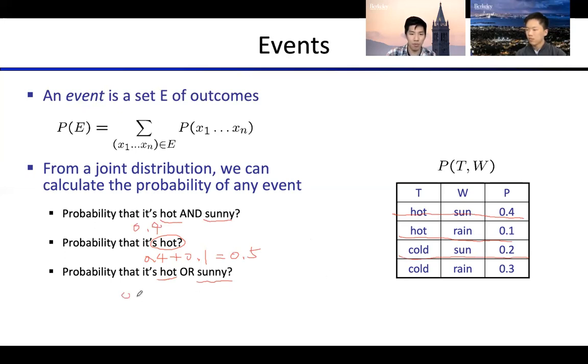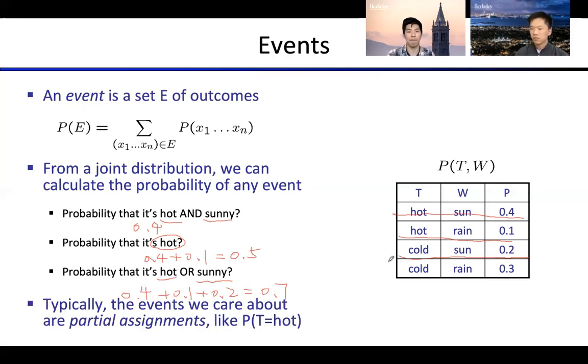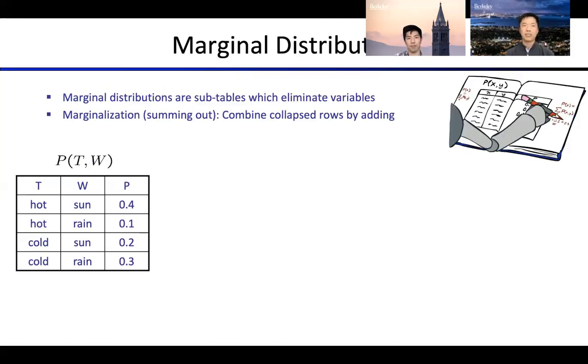So we would add up 0.4, 0.1, and 0.2, and we'll get 0.7. That's how you calculate the probability of an event using a joint distribution. Typically, the events we care about are partial assignments and not the full probability table, and that's why these calculations are needed.